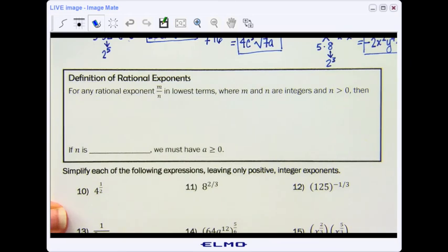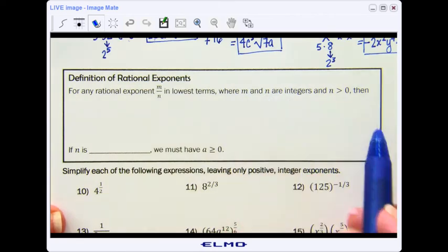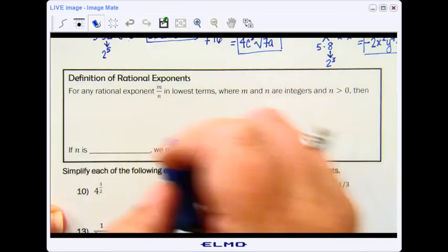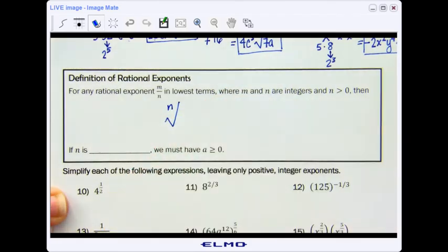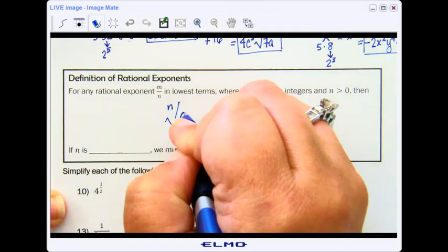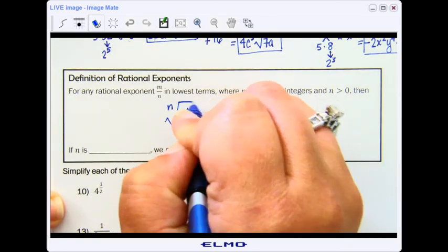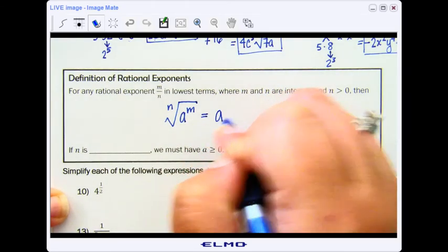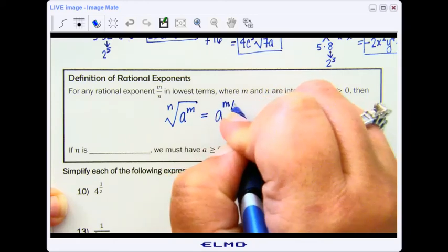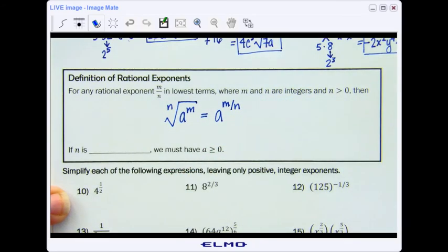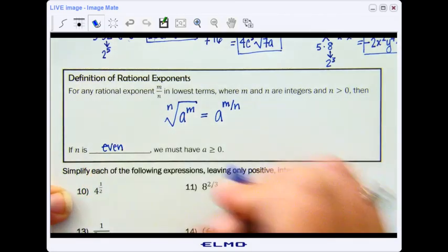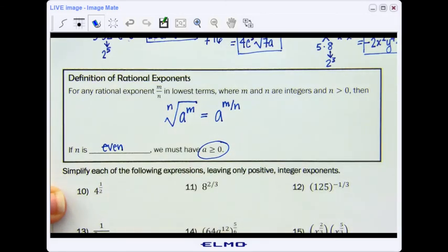For any rational exponent m over n in lowest terms, where m and n are integers and n is greater than 0 because we can't divide by 0, then the nth root of any number a raised to the mth power is equal to a to the m over n power. If n is even, then we know that a must be positive.